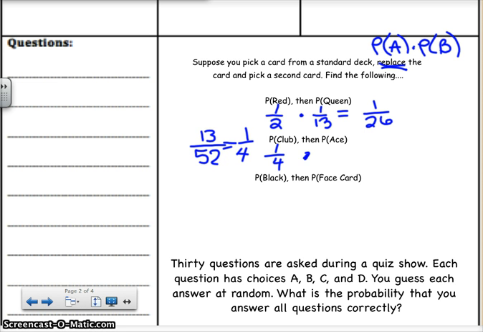Times the probability of ace, there's 4 aces, 52 playing cards. What's that turn into? 1/13. They're independent events. That means I'm replacing them, so my probability is equally likely. I still have the same number of outcomes. So it's just going to be top times top over bottom times bottom, 1/52.